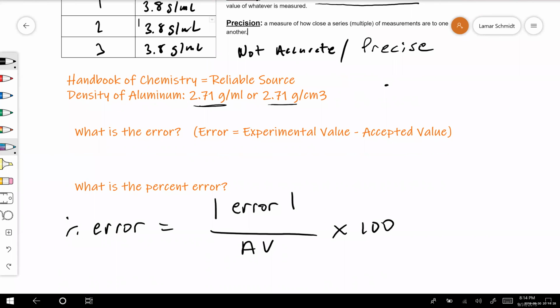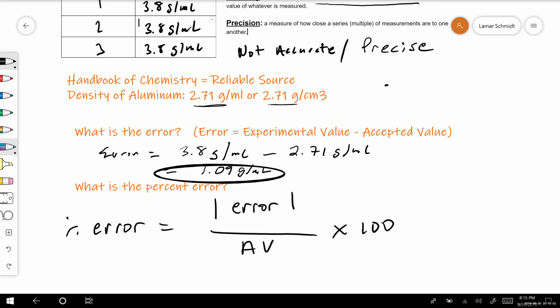So error is equal to our experimental value, which is 3.8 grams per milliliter, minus 2.71 grams per milliliter. And so our error is 1.09 grams per milliliter. All right, so there's our error.